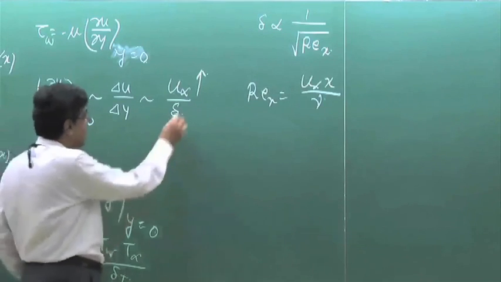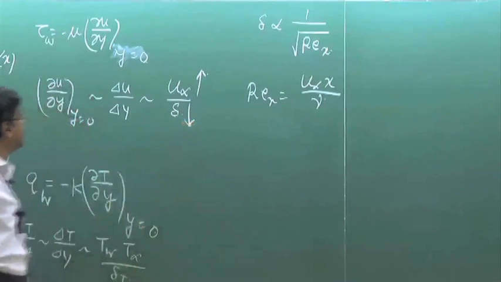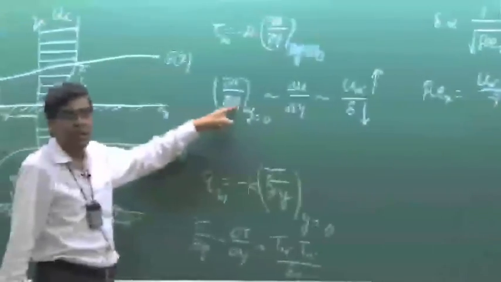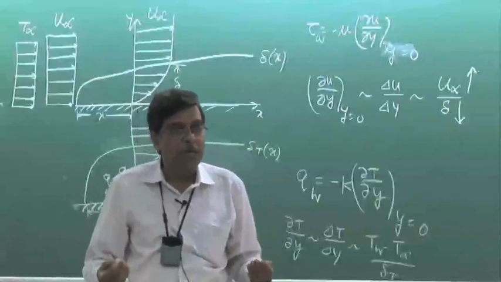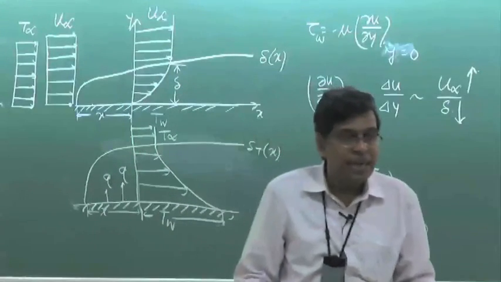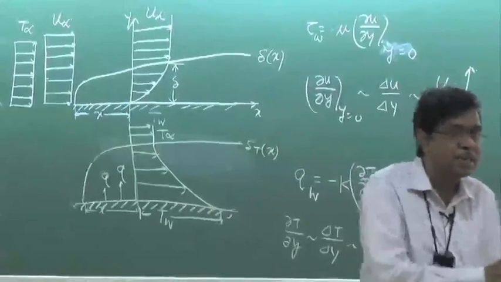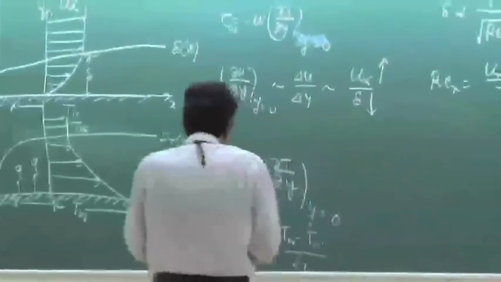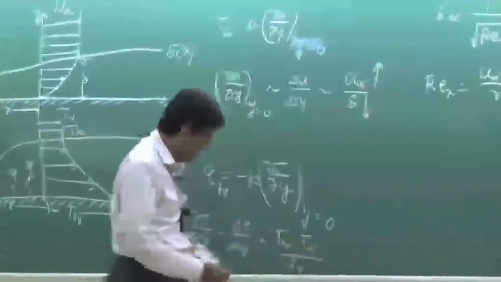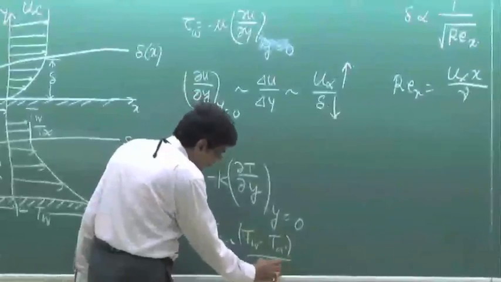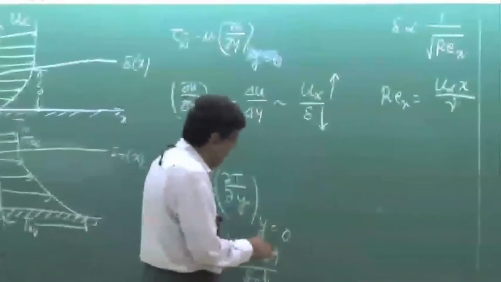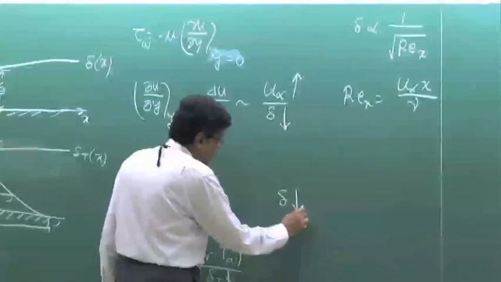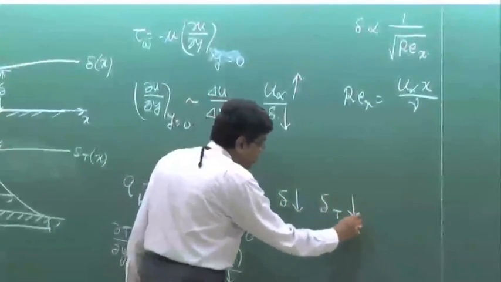So now first let us see here what happens when it is reduced. That means we see there is a tremendous increase in the velocity gradient. The velocity gradient becomes much steeper, which means shear stress is increased. That is why when the flow velocity is increased, shear stress is increased. Here what happens, since T_w and T infinity remain the same, delta T is reduced with the increase in U infinity, because when delta is reduced, delta T is also reduced for a given fluid.